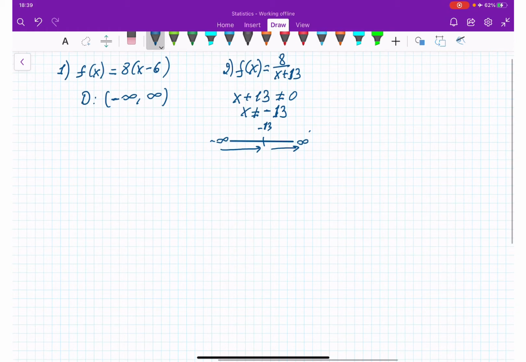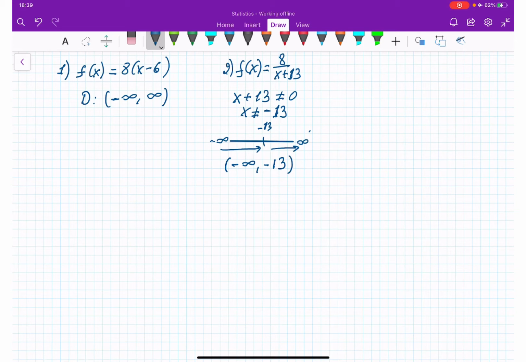Now, how to write this down in math? It is going to be negative infinity all the way till negative 13. So to show that negative 13 is not included, we put parentheses.